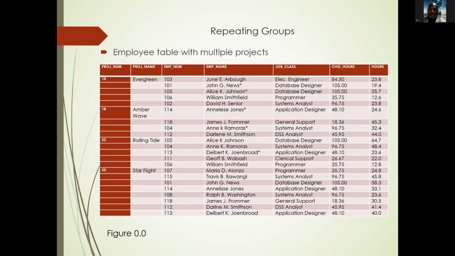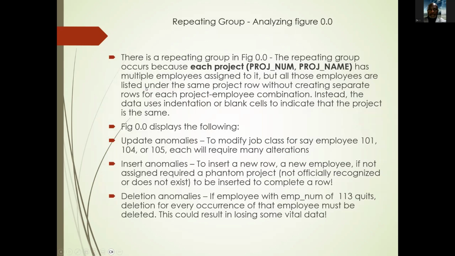In other words, you can see it uses this blank. It's saying, okay, this is the same. So it displays the following. There's a problem with this now, right? You see update anomalies, right? To modify the job class for, say, employee 101, or 104, you will require many alterations there, right?